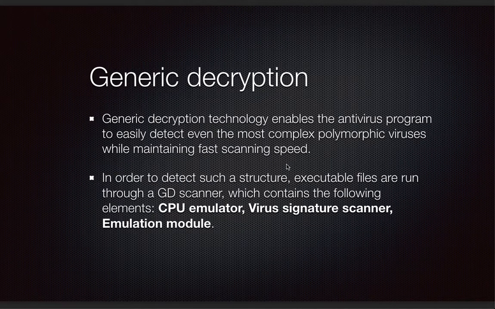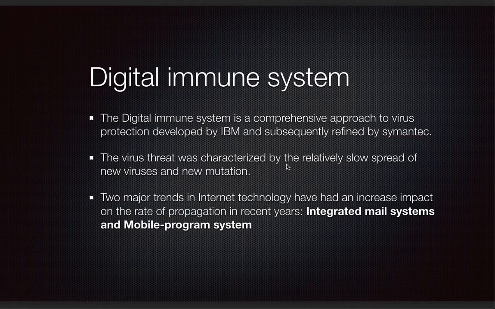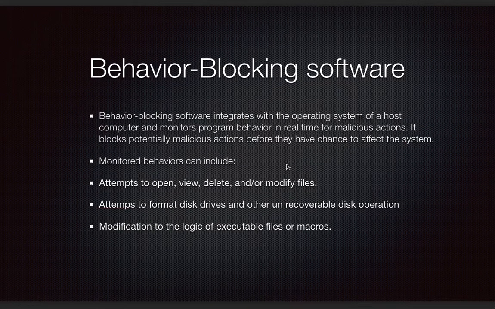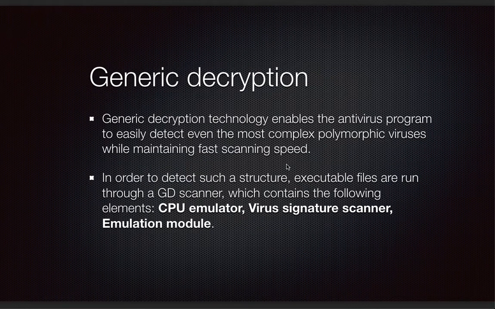In the next three slides, we're going to go over what generic decryption, the digital immune system, and behavior blocking software are. Very quickly, generic decryption enables the antivirus program to easily detect even the most complex polymorphic viruses while maintaining fast scanning speed.